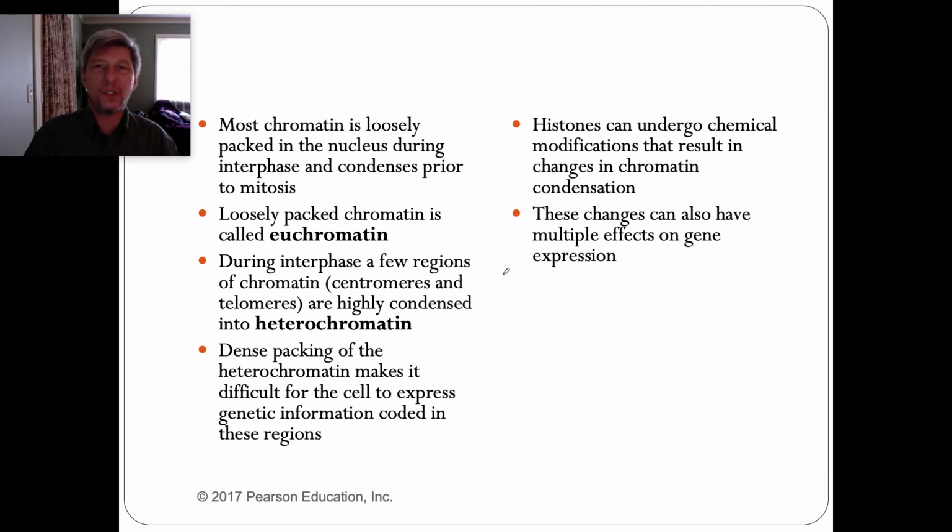Now, we're going to get into gene expression in the next chapter, but that's neither here nor there right now. Histones can undergo modifications that can lead to changes in the condensation of a chromosome. And these can also have effects on gene expression.